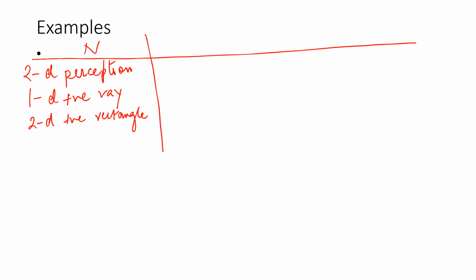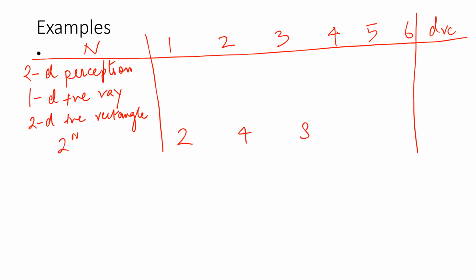So here is my n. So n could be 1, 2, 3, 4, 5, 6. And then the VC dimension for each of these. What is the VC dimension going to be? Okay, so if you remember, we can just write the 2 to the n here. So that's going to be 2, 4, 8, 16, 32, and so on, 64.